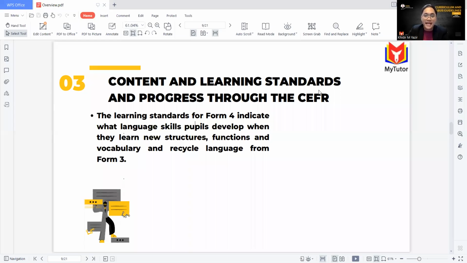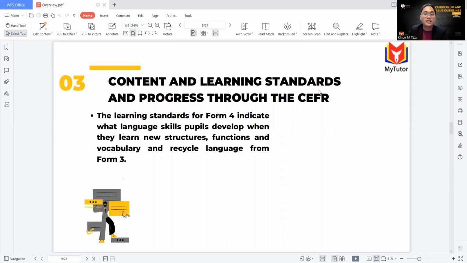Okay, next is about content and learning standards and progress through DCEFR. Okay, so the learning standards for Form 4 indicate what language skills pupils develop when they learn new structures, functions and vocabulary, and recycle language from Form 3.